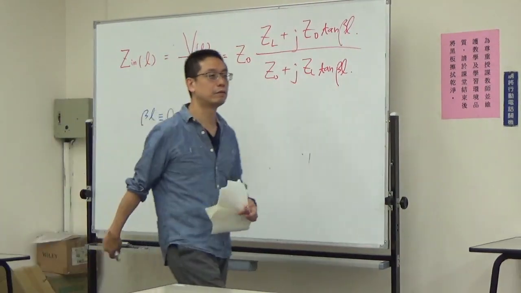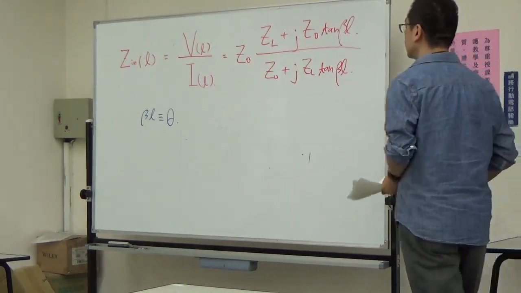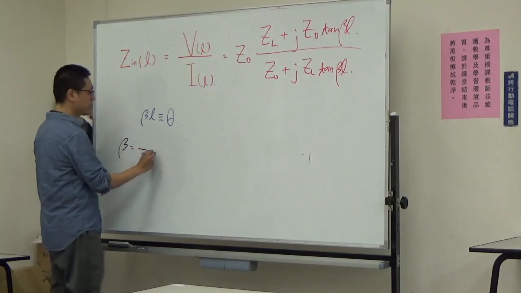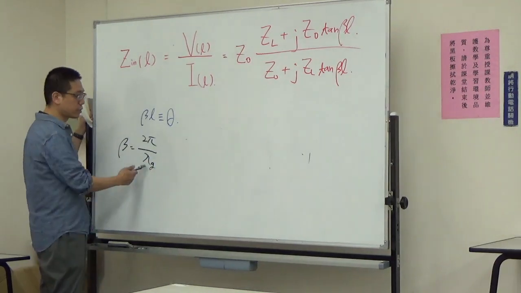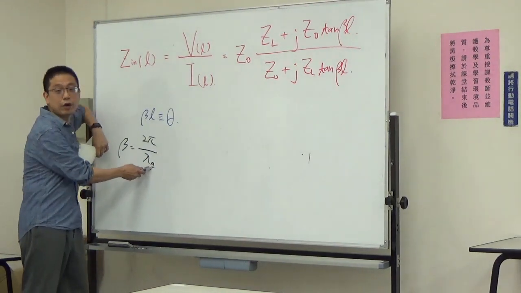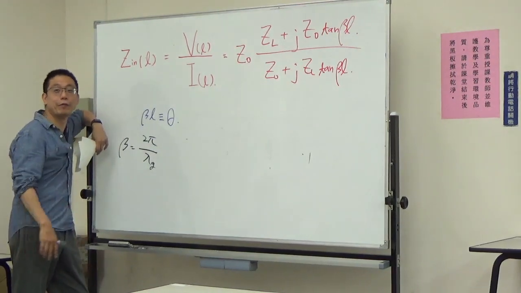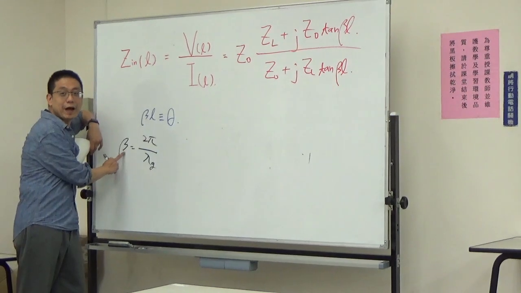Think about what you have learned. Beta is 2 pi over lambda g, or sometimes you use lambda. Why do I always use lambda g? Because there are many lambdas after all. We will talk more about the different beta for different transmission lines, but it's okay.